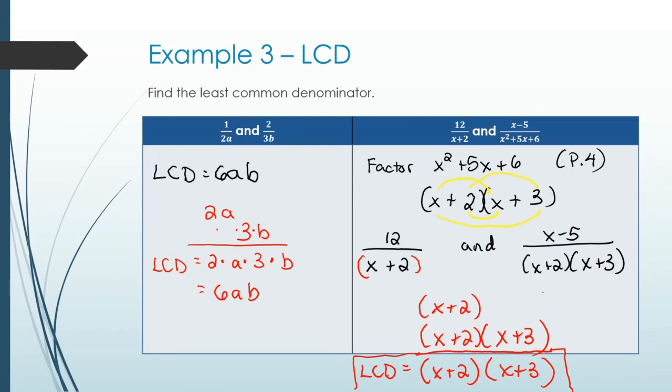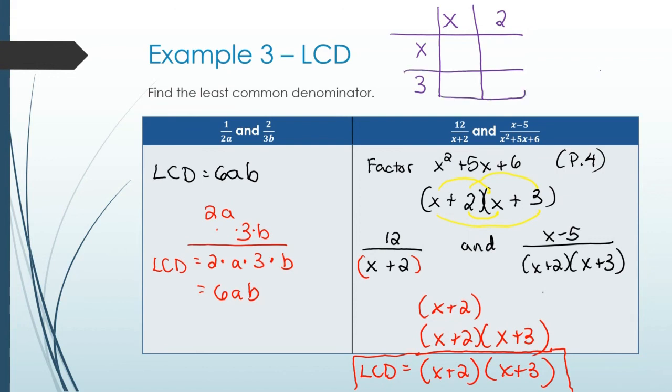So here's, let me do this off to the side. We can do a multiplication table. So we have x plus 2, and I'm going to make a table where my horizontal is x and 2. And then we have x plus 3, so I can make that the vertical. I have an x and a 3.